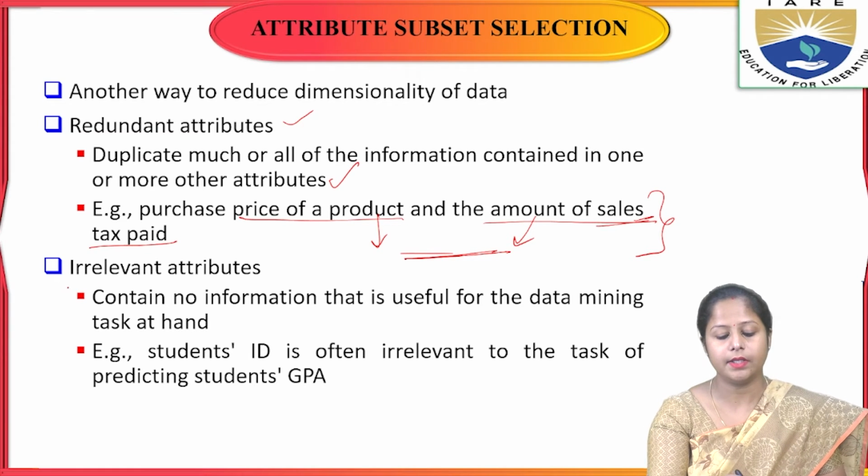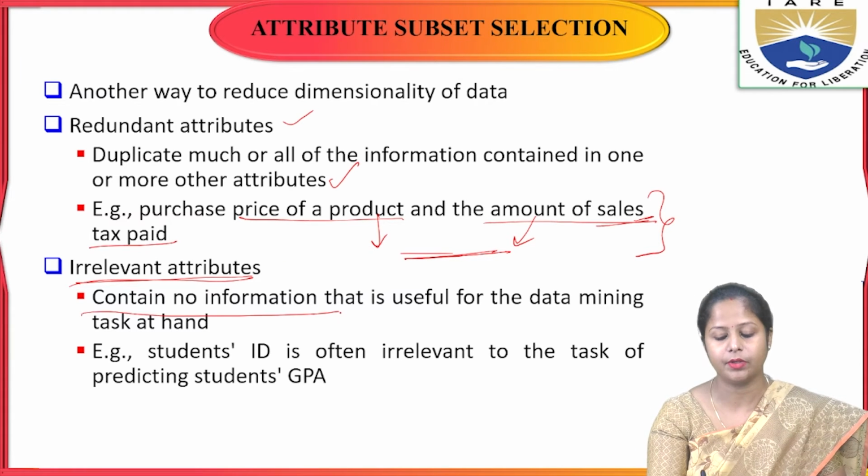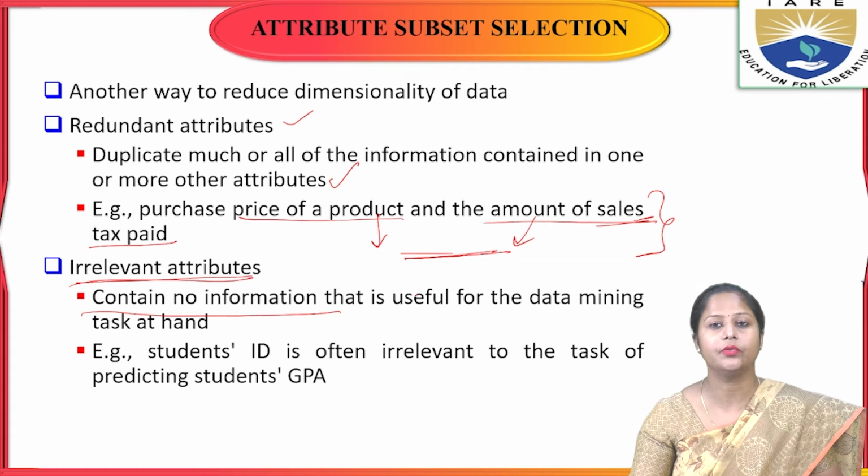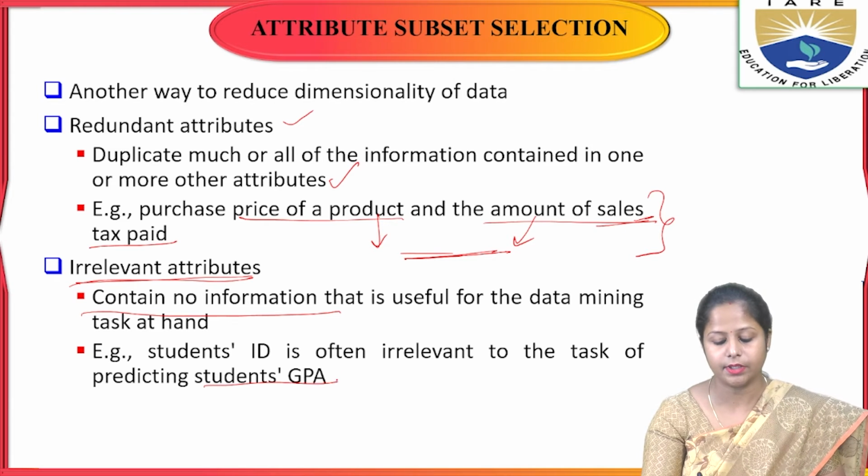The other kind is irrelevant attributes, which contain no information that is useful for the data mining task at hand. We also need to remove that type of attribute. For example, a student's ID is often irrelevant to the task of predicting the student's GPA.